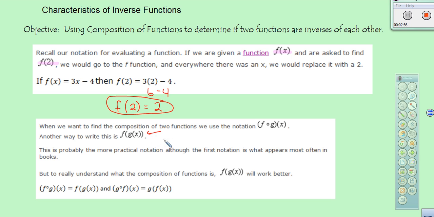And that means we're going to take the g of x function and put it inside the f of x. So everywhere there's an x, we're going to put g of x. And it goes the other way also. If I did g composed of f, that means that everywhere there's an x inside the function g, I would put f of x. So let's go take a look at this and see what it looks like.